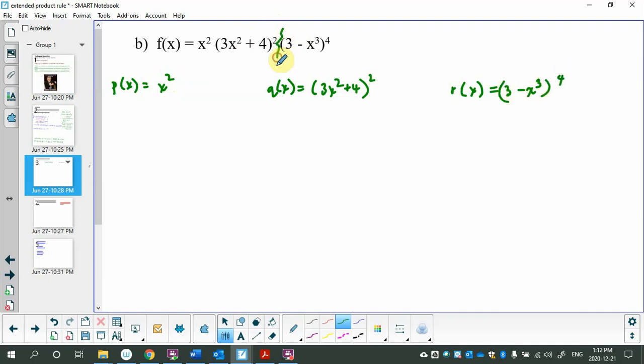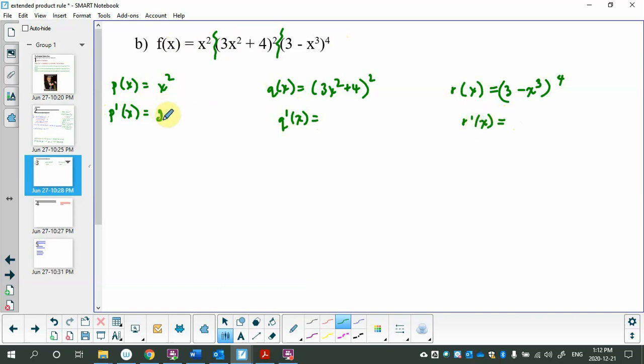So I'm slicing it here and slicing it here to notice there are 3 functions making up the larger function. So now I am going to take the derivative of each. Notice how I said I wasn't taking the derivative, and now I am taking the derivative, and I'm communicating that to you.